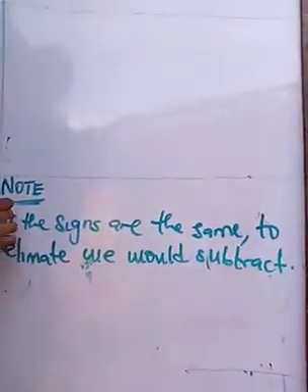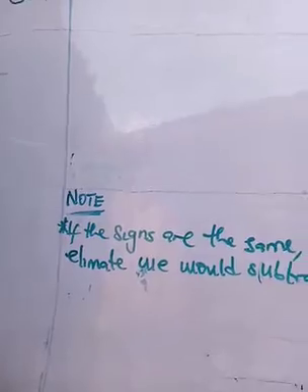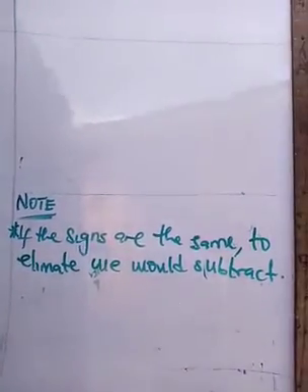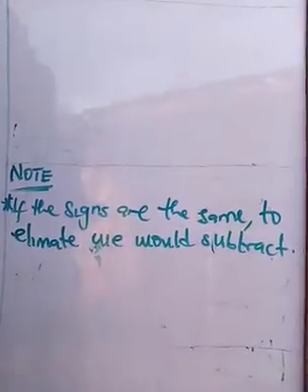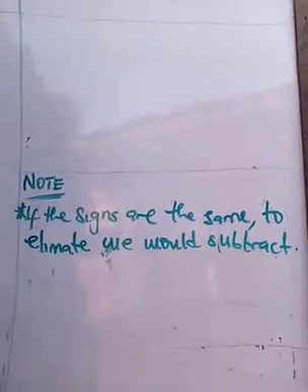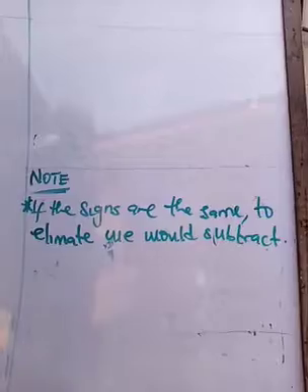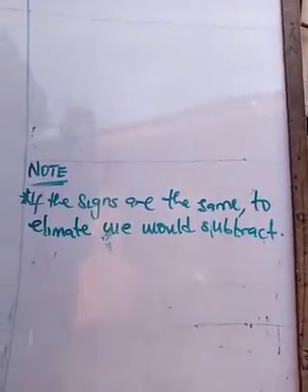So if the signs of what you want to eliminate are the same, you subtract. They can both be positive or they can both be negative. If they are both positive, you subtract. If they are both negative, you also subtract.